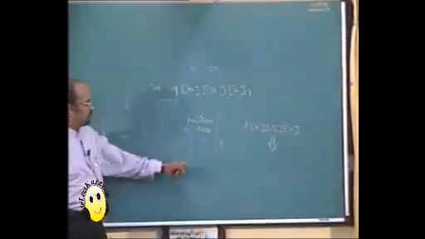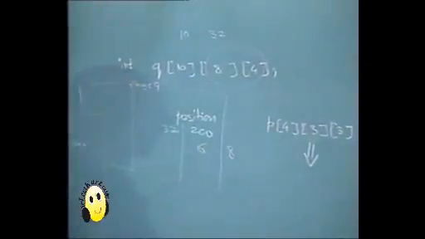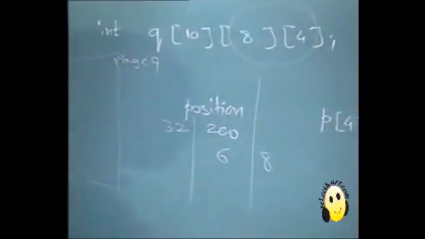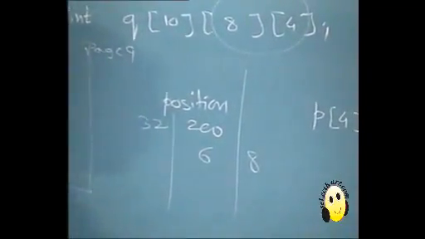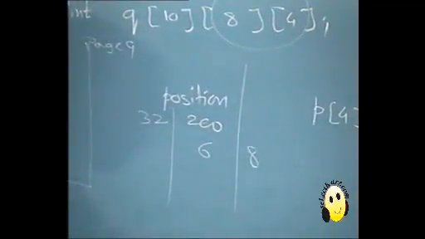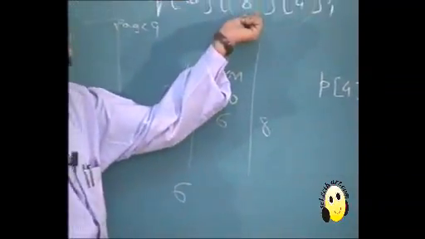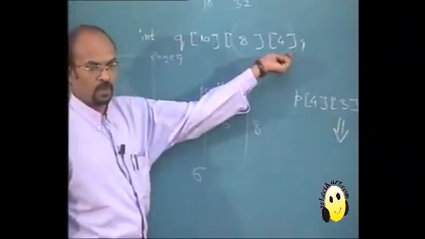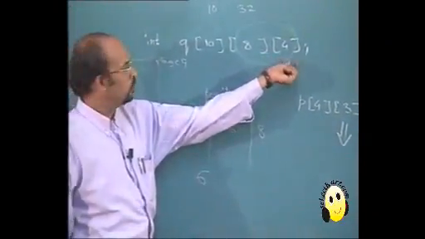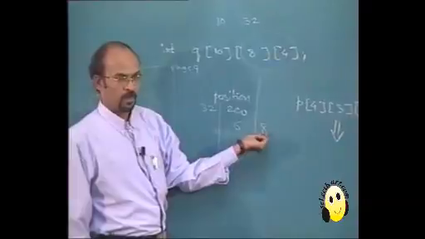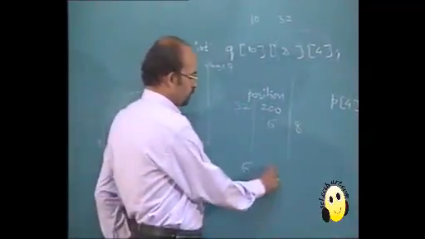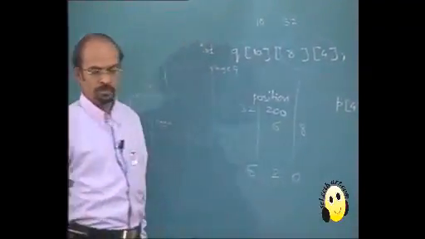So that means you will get the page number. Page number will be 6 complete. So 6 pages complete. Now this 8 should be treated as 8 by 4. So you divide by 4. 6, 2, 0.